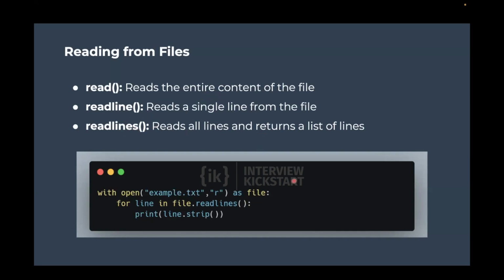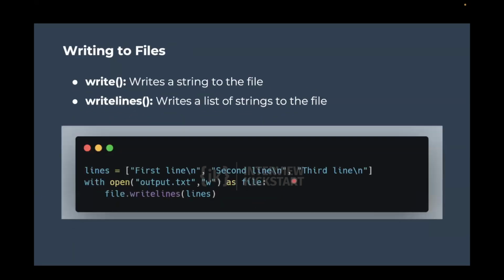All right. So we also have options for writing files. If you want to write a given string or whatever you have, the contents to a file, you can use the write function. Or if you have a list of lines and you want to write all those strings to a file, you can use writelines.